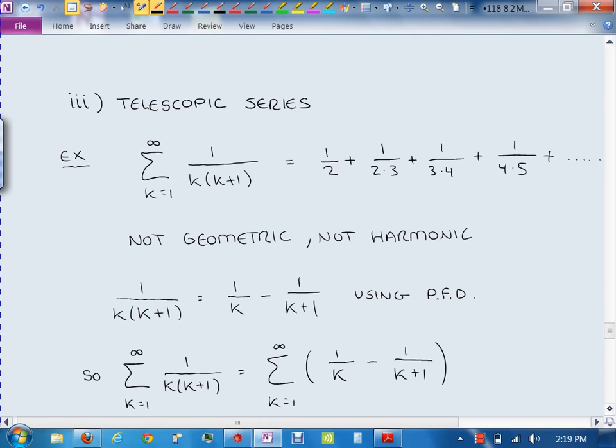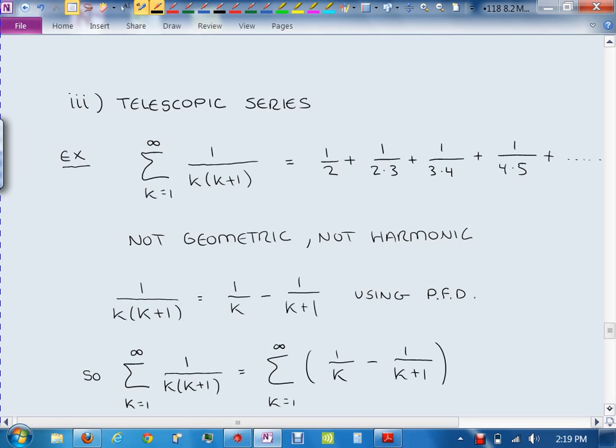This would have to be a 1, but the constant would then be 1/2. Then the next constant would be 1/3. So my constant's changing as I move out, and your constant can't change, right? So it's not harmonic.